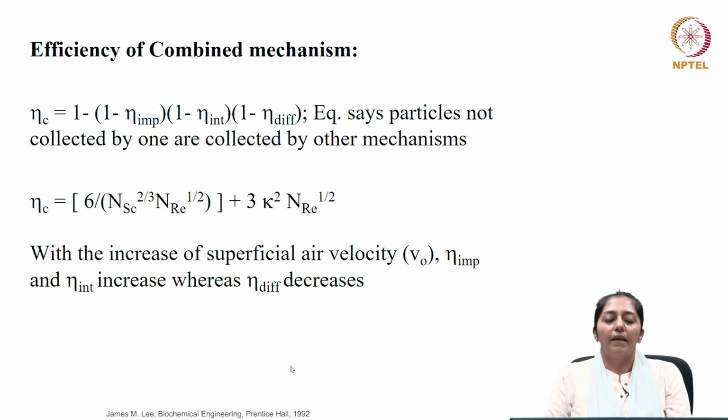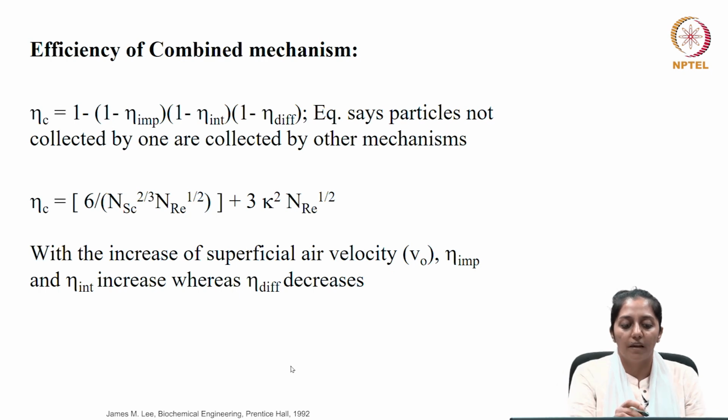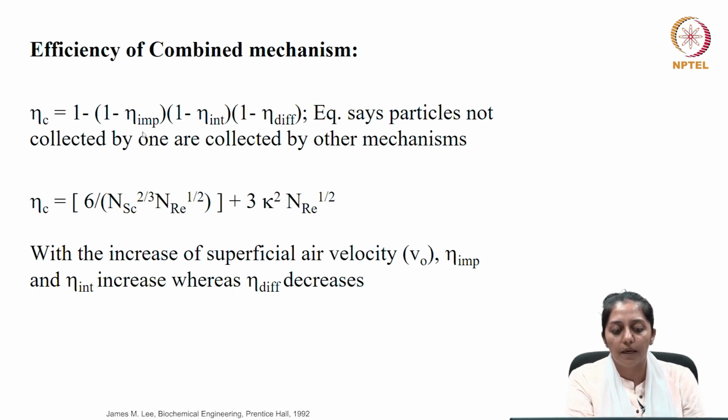Now, if we need to calculate the overall efficiency of collection of the particle by the filter, it can be obtained if we know the individual efficiencies of impaction, interception and diffusion. For the probability of successfully collecting the particle by one or more of the mechanisms, we first calculate the probability of particles not getting collected by one but getting collected by any other mechanisms.